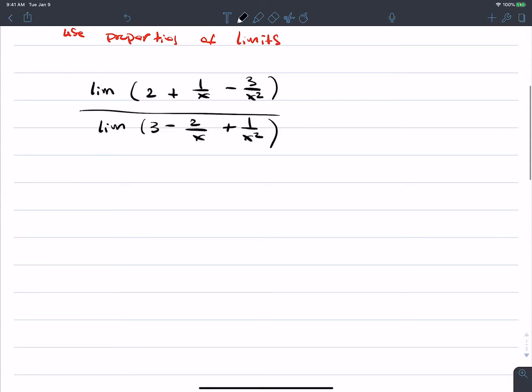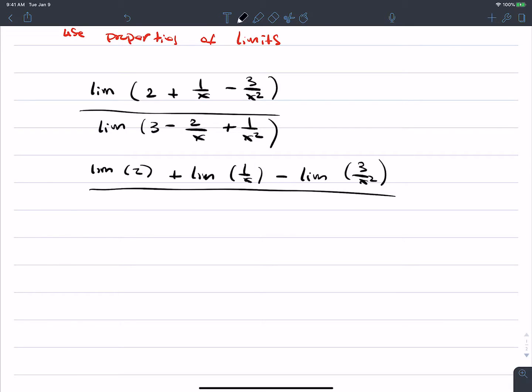And then limit of sums and differences, or sums and differences of limits. So we can say the limit of 2 plus the limit of 1 over x minus that limit of 3 over x squared over the limit of 3 minus the limit of 2 over x plus the limit of 1 over x squared.